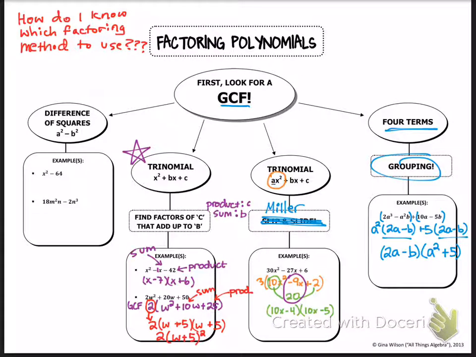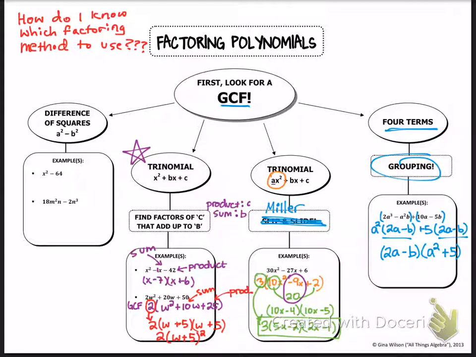Now, in the Miller method you reduce, kind of like a fraction. 10x minus 4, you can reduce that by 2, and you get 5x minus 2. 10x minus 5, you can reduce that by 5, and you get 2x minus 1. Now, don't forget, in the beginning we took out a GCF, so we have to put the GCF back. And there are my factors.